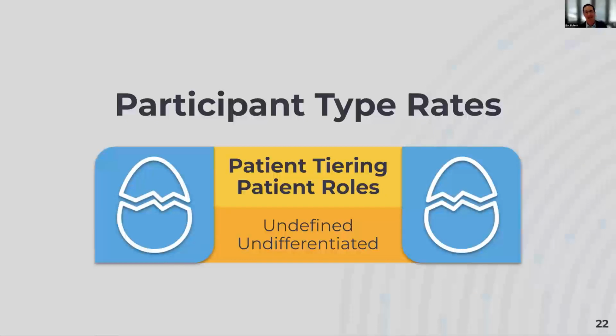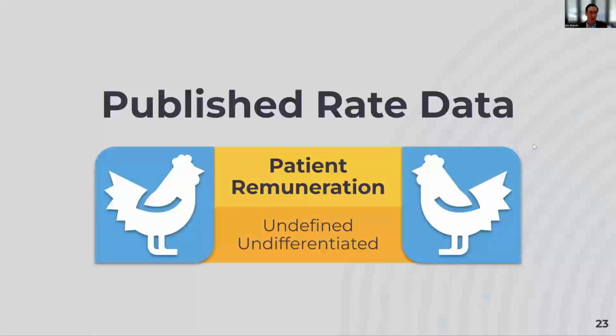And that means that the rates themselves, these hourly rates, also can't clearly be differentiated. So when we get to the chicken, which is our patient remuneration data, the rates are going to reflect that lack of detail and differentiation.